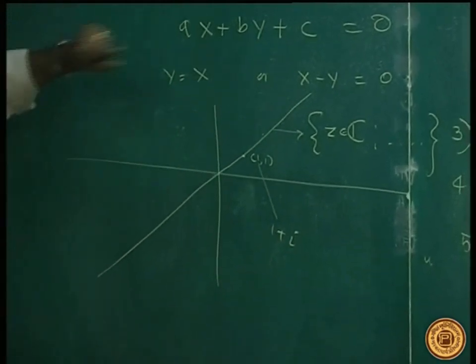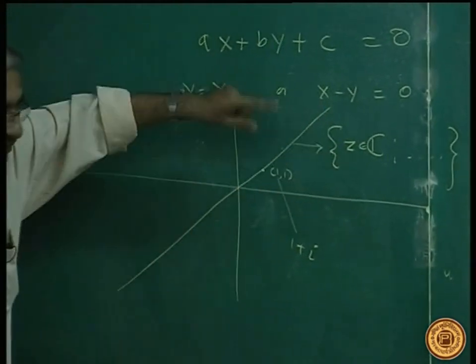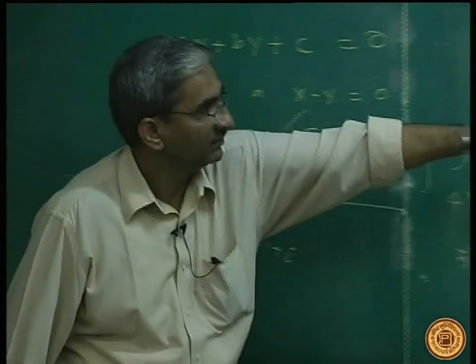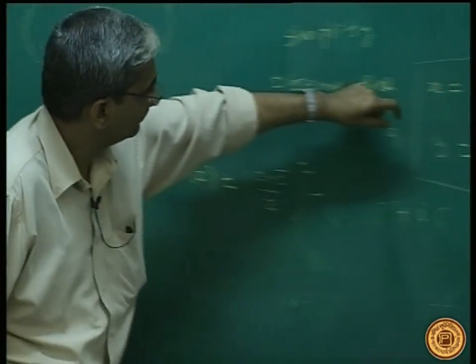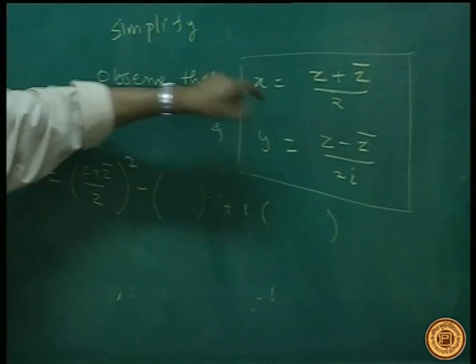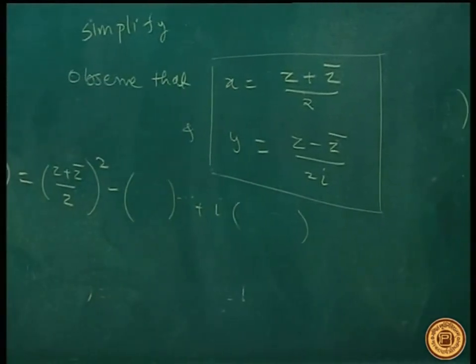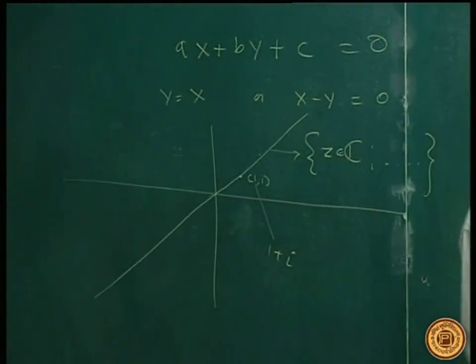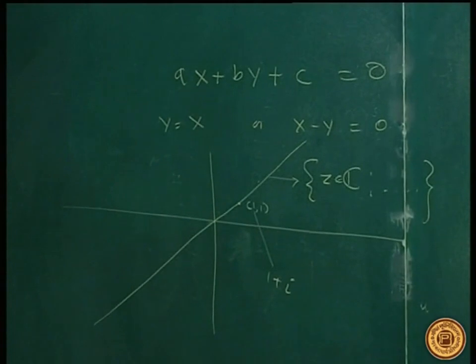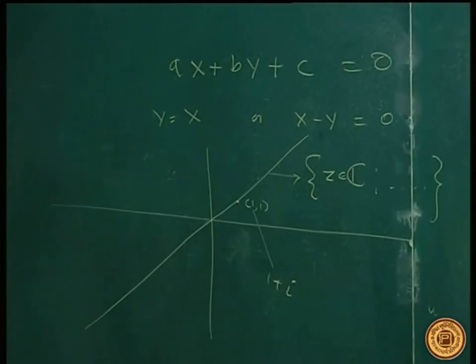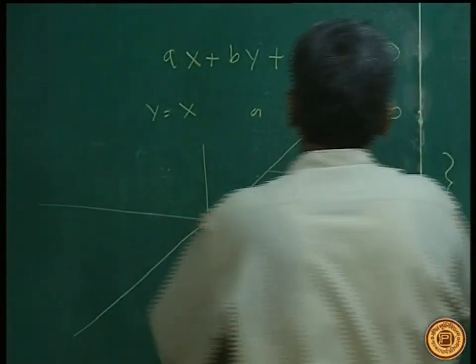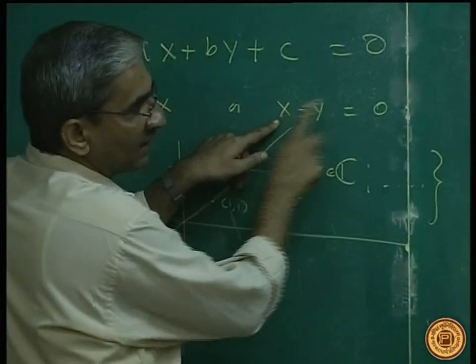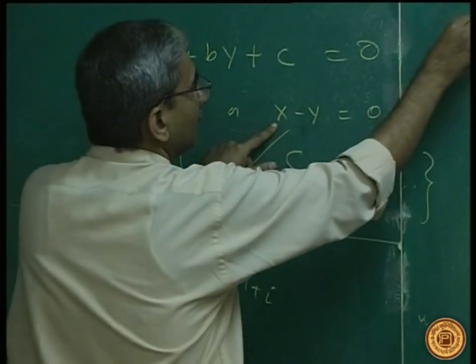And in finding this equation, these formulae are important. Let us see how we can write this equation in terms of the complex variable z. So how will you write x? x is (z + z bar)/2.